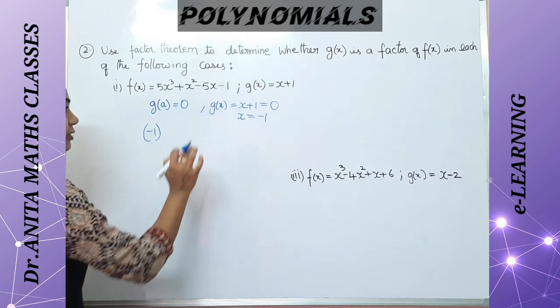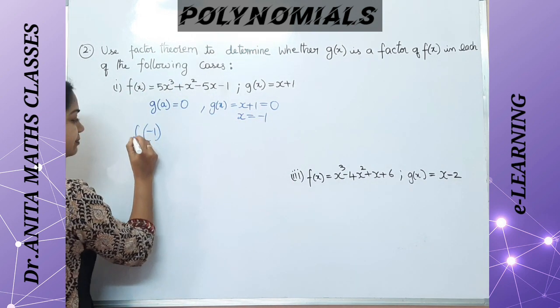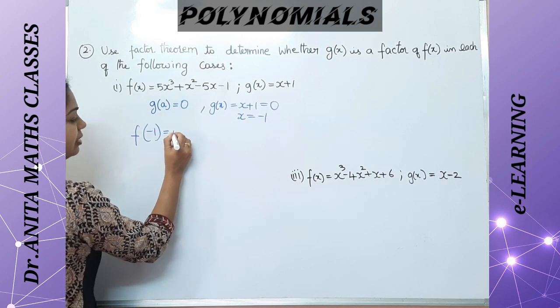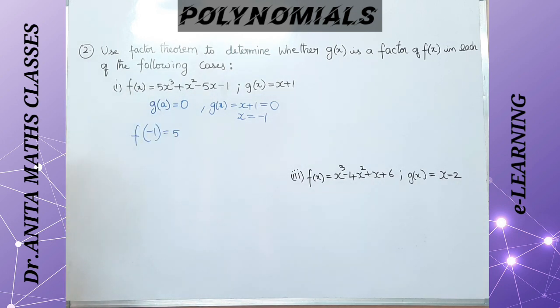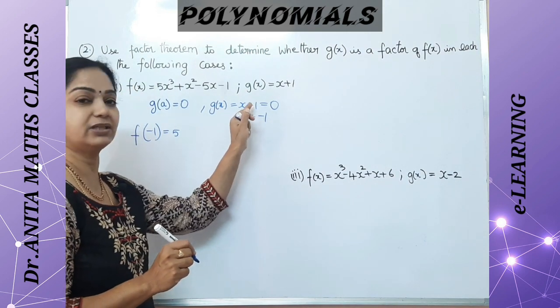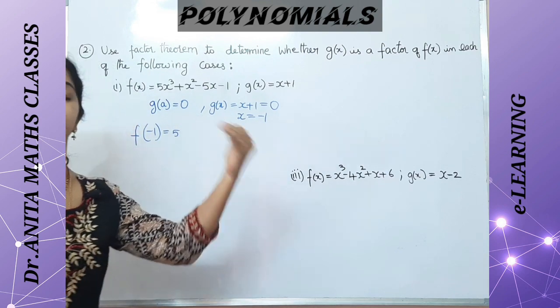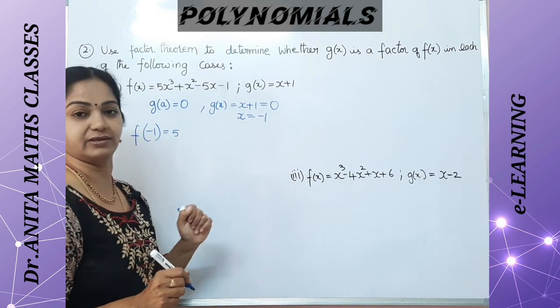We will substitute minus 1 in the polynomial, wherever x is there. Simply what we did in the remainder theorem, we substitute the value of x. If the value after substituting comes to 0, then we say this is a factor.